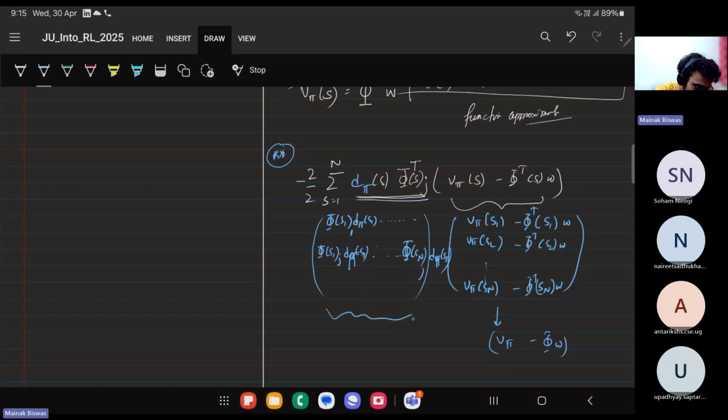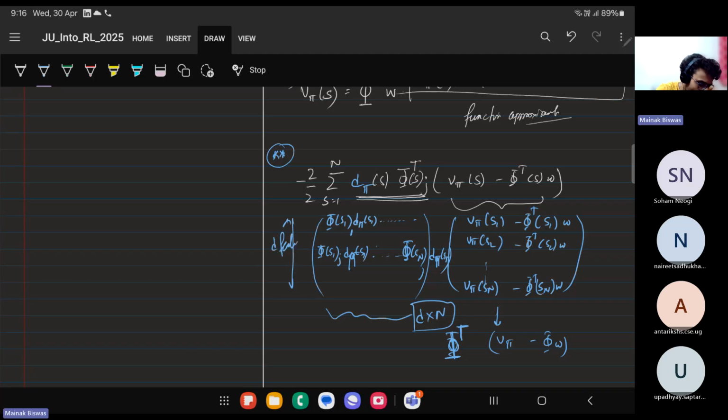You require here an n cross d matrix, or a d cross n matrix, that is phi transpose, correct? I require a square matrix overall. So phi, you want a d cross n matrix where d features are there.